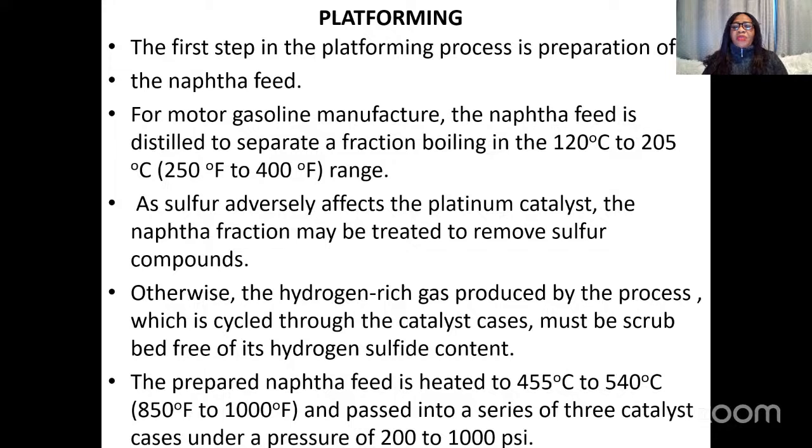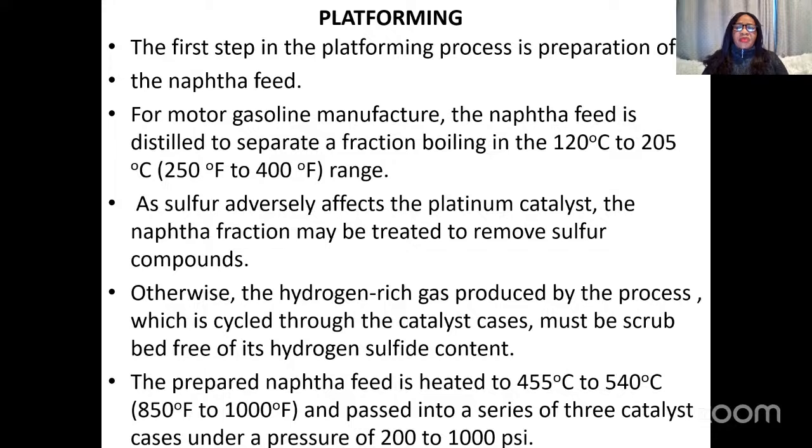You pick the fraction within the boiling range of 120 to 205 degrees centigrade. Then sulfur, actually sulfur is one of those compounds that poison catalysts, which we will soon see. So the naphtha fraction may be treated to remove sulfur compounds.